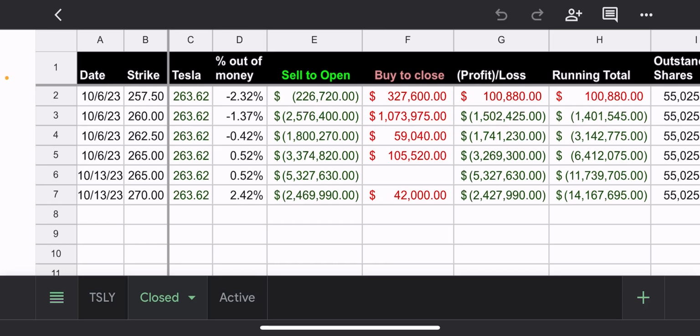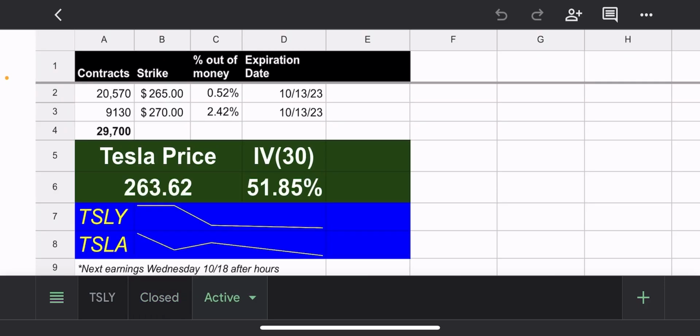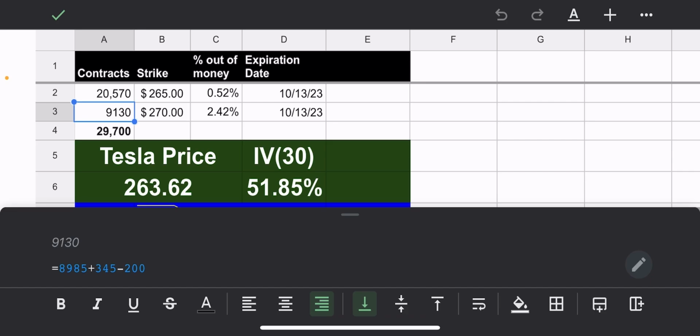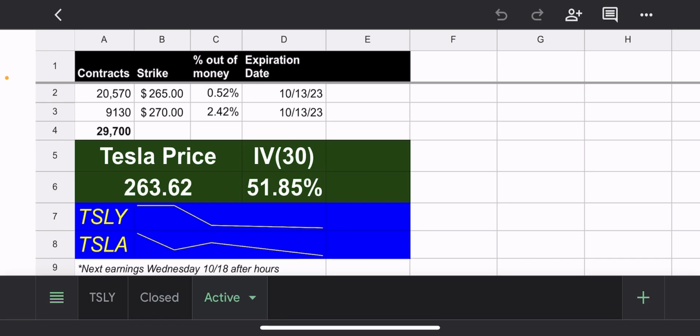No new positions, just closing out some of the contracts on the 270. And where do we stand for active contracts? I reduced the contracts, as you can see in the formula, minus 200. So we have 9,130 contracts at the 270 strike and 20,570 still at the 265 strike.